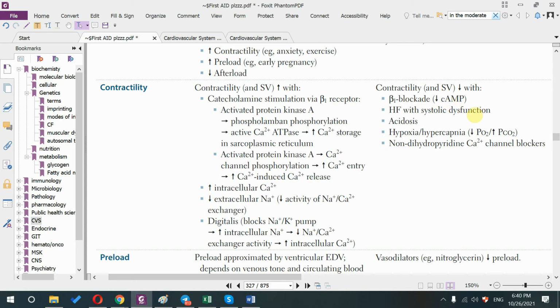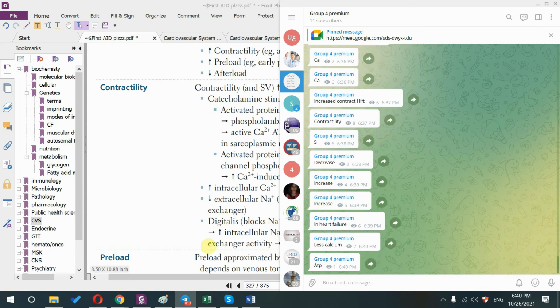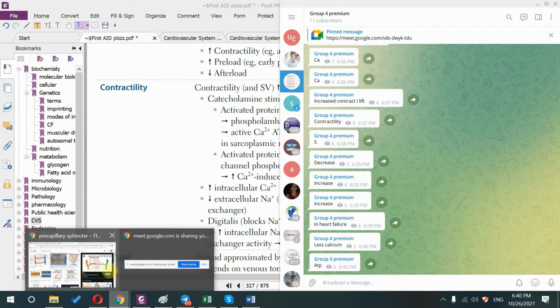Because the beta-1 receptor is not able to activate the Gs anymore, so no adenylate cyclase anymore, so less cyclic AMP. But what will be elevated if you give a beta-1 blocker? Will it be cyclic AMP? Will it be ATP? Will it be adenylate cyclase? What will be increased? Excellent. The one that will be increased will be ATP.